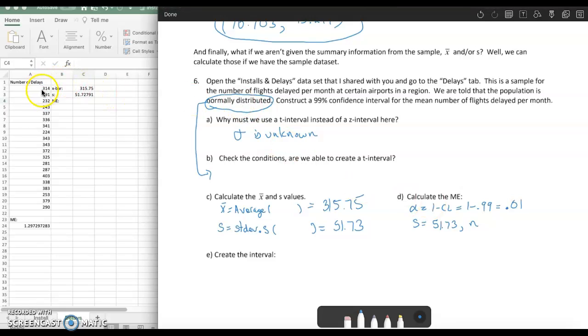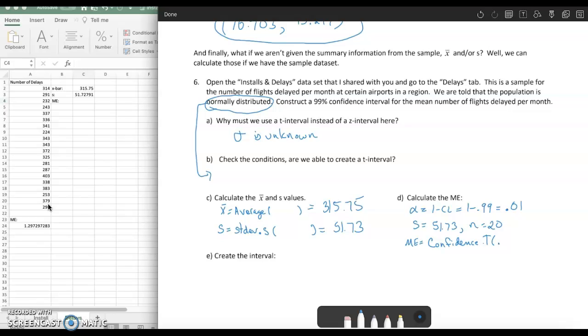We have to know what N stands for. N stands for the sample size, and what I said earlier was that that's 20. So a margin of error is calculated in this case by doing the equals confidence dot t command with the alpha value of 0.01, the S of 51.73, and the N of 20 entered in.